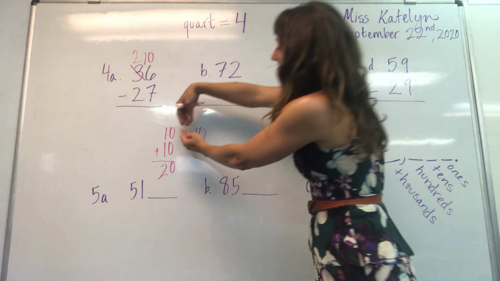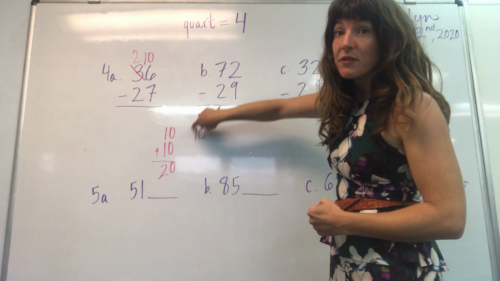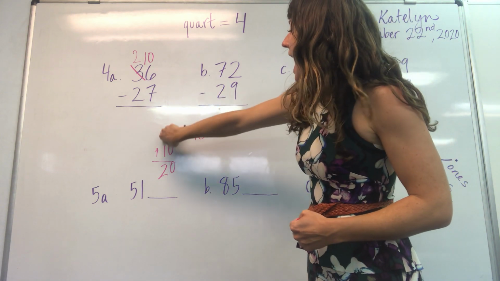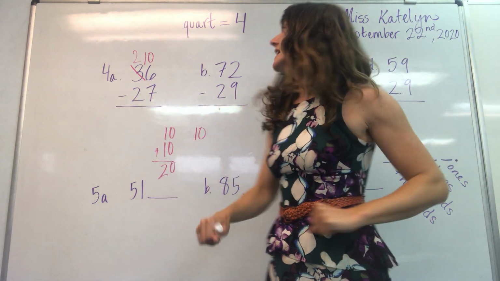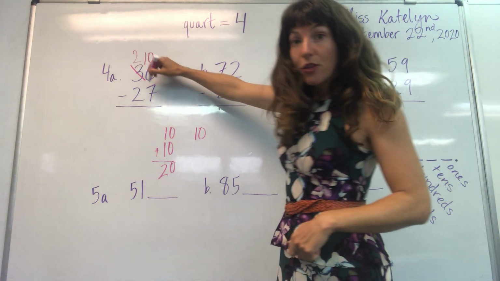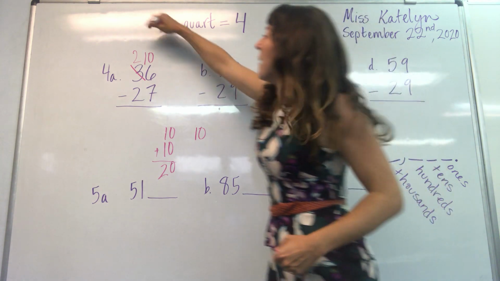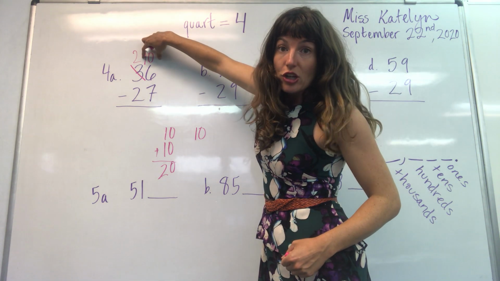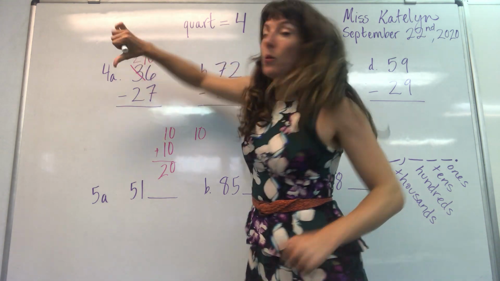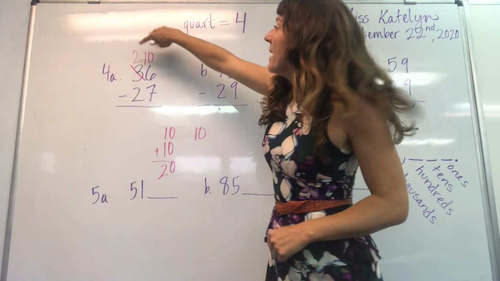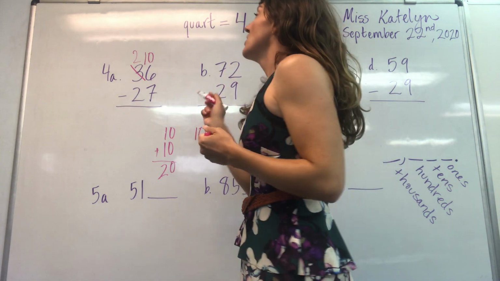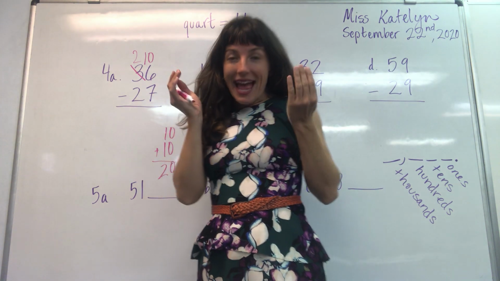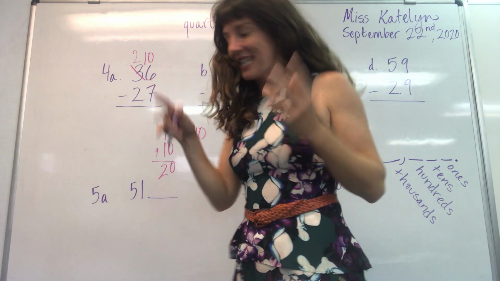Okay, so we borrow 1, we put it in a different place, and then our tens has to go down. Okay, so I borrowed from the 3, I moved it over here, and then my 3 went down and became a 2. All right?